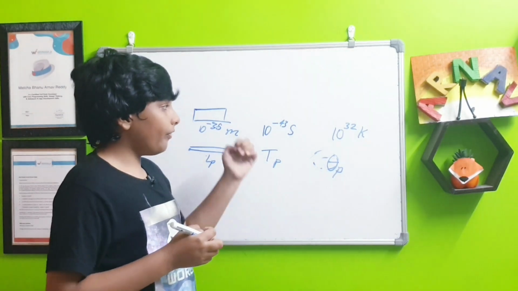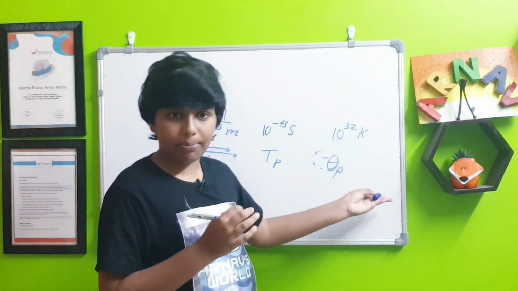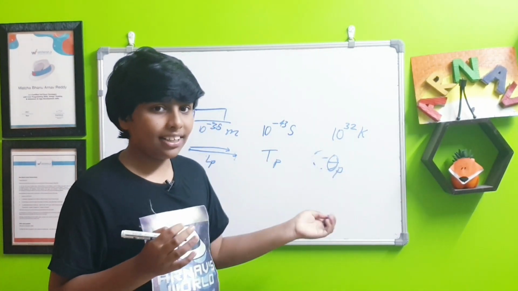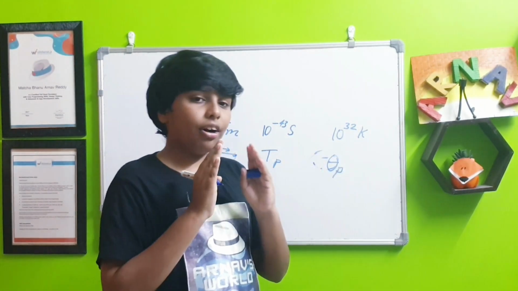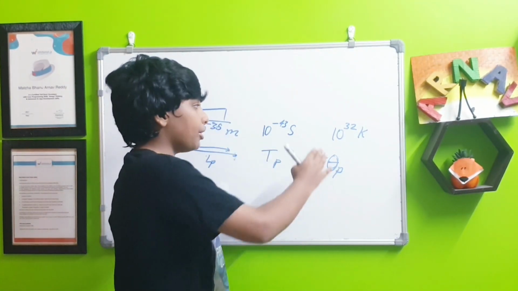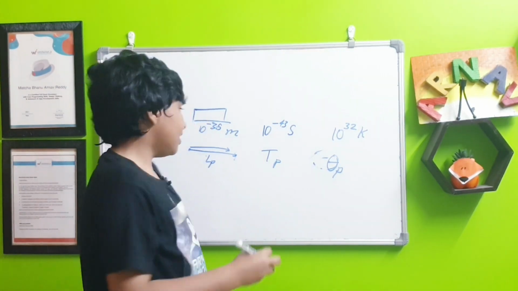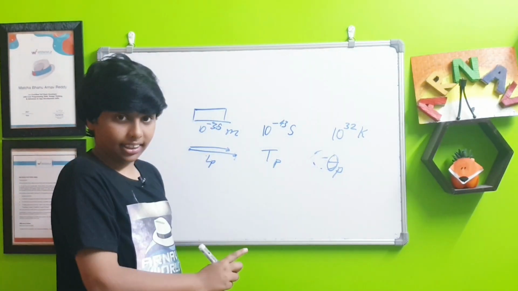But theoretically, if something reaches the Planck temperature, the wavelength of the electromagnetic radiation produced by that heat will be as small as a single Planck length.